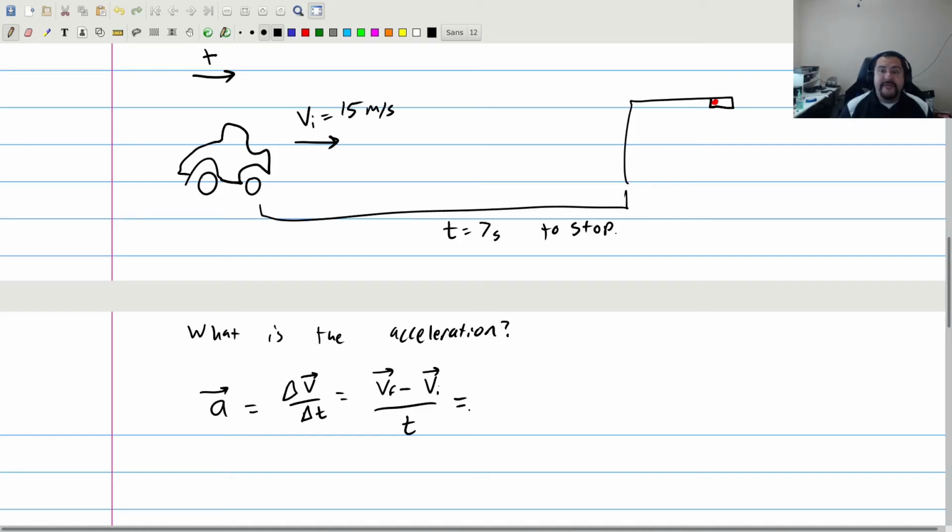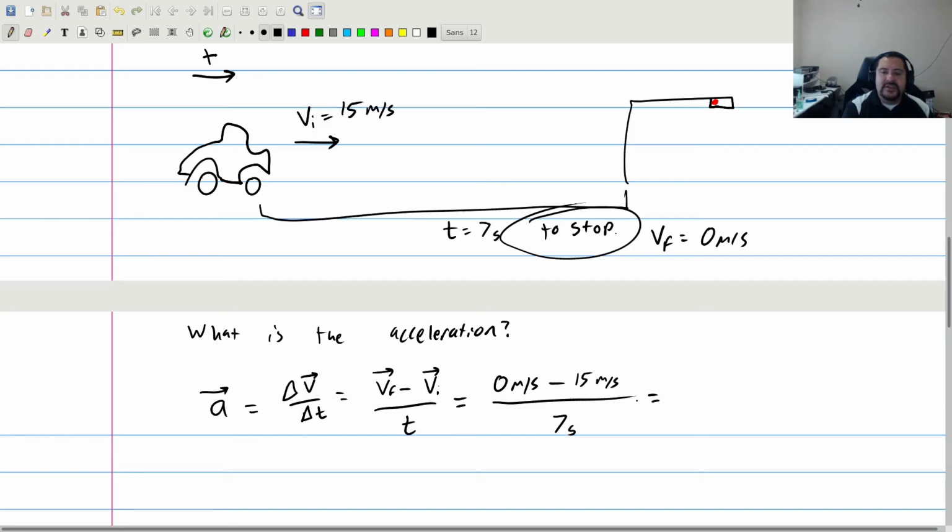So, V final, well, it doesn't tell you explicitly, but I know something. I know he's coming to a stop, which means V final is going to be 0 meters per second. So 0 meters per second minus V initial, which is 15 meters per second, divided by our time, 7 seconds.